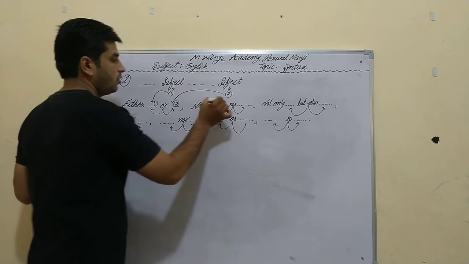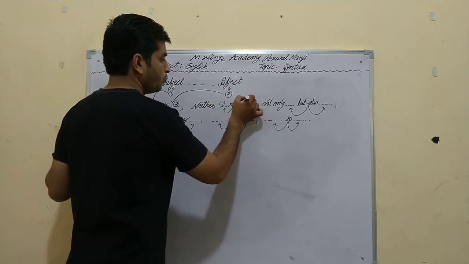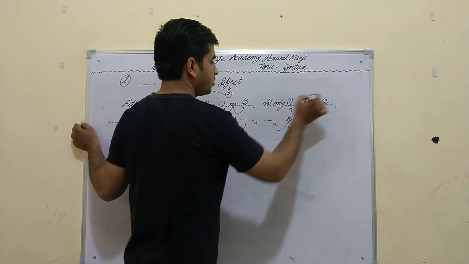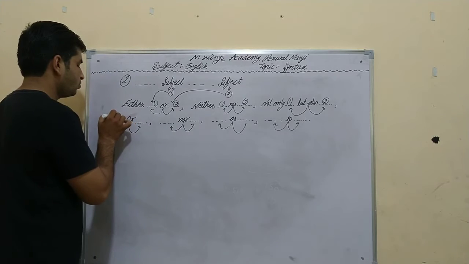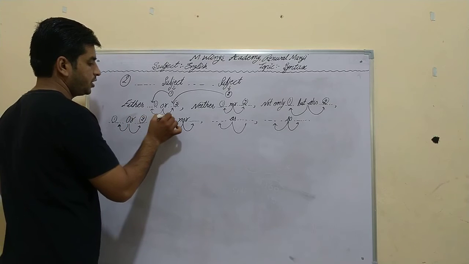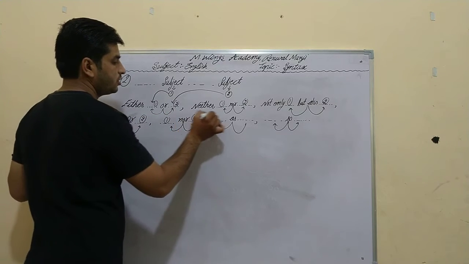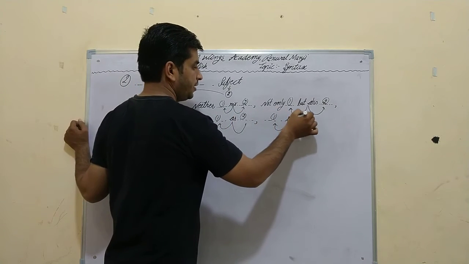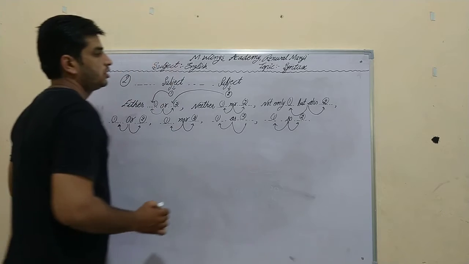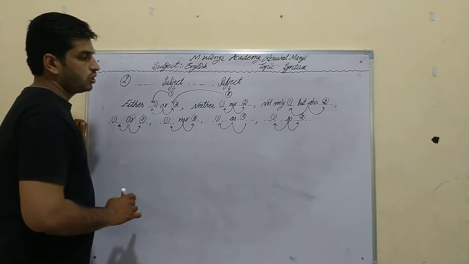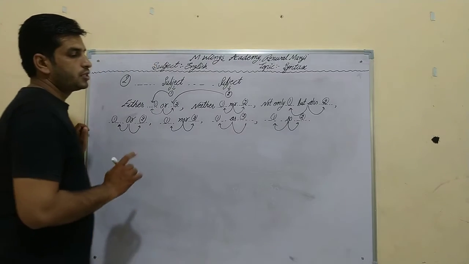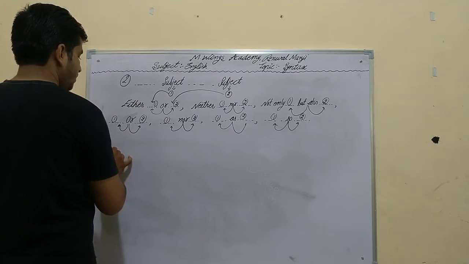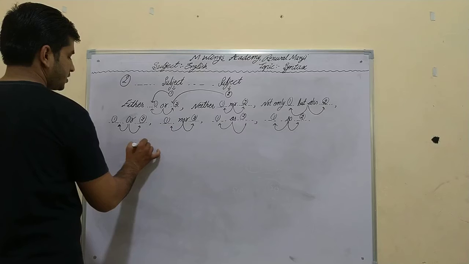Here I am marking 1 or 2. At the place of 1 we have the first subject, at the place of 2 we have the second subject. If such a condition is given in the sentence, then use the verb according to the number of the second subject.